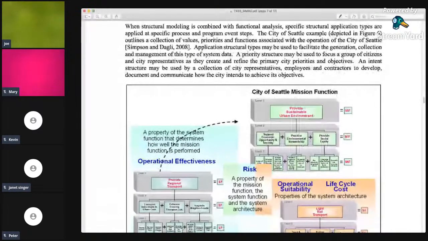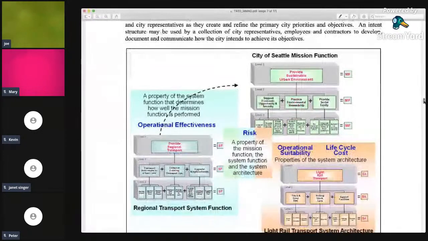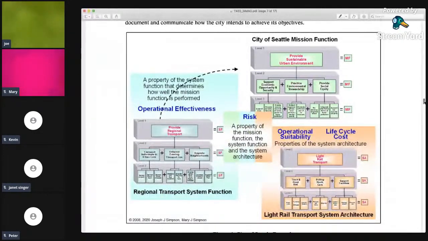And so here again, we've picked the City of Seattle mission function as an example, to start making this a little bit more concrete. All of these abstract things we've been talking about over the last couple of years.